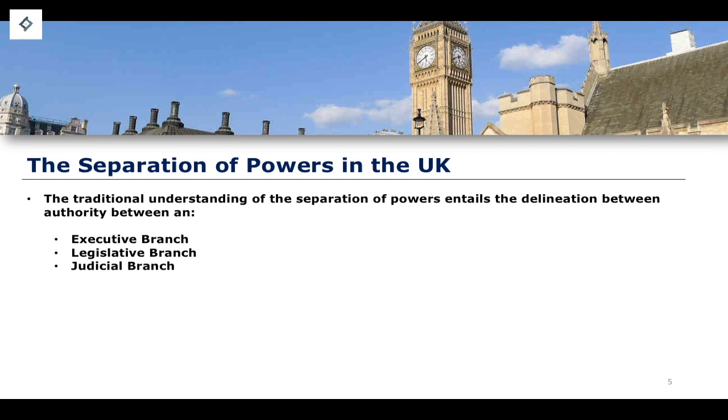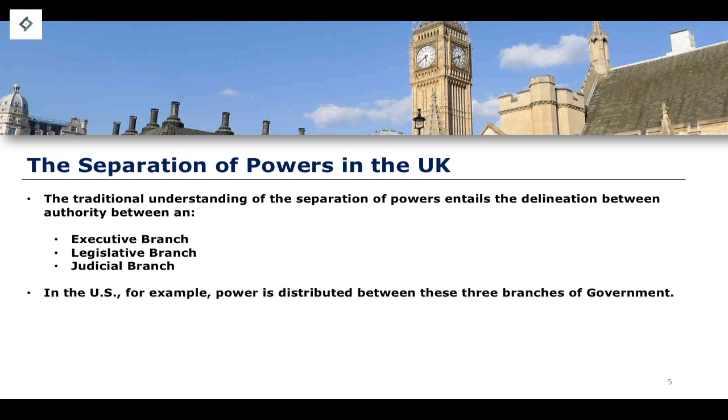And this is what is considered to be the traditional understanding of separation of powers, at least from the same level, should I say, because in some cases you have a federal state where not only is power separated horizontally across three different branches, but it is also separated vertically between federal, state, and local government institutions.